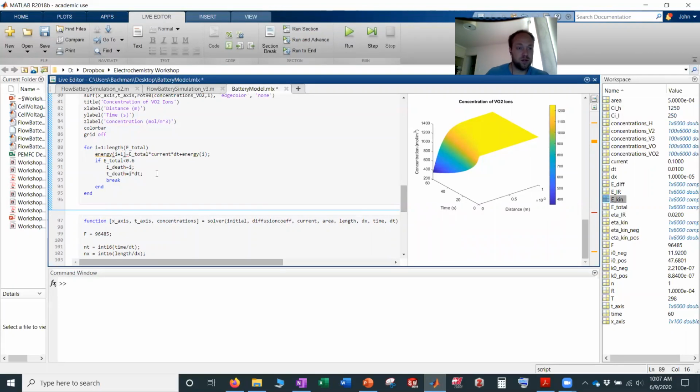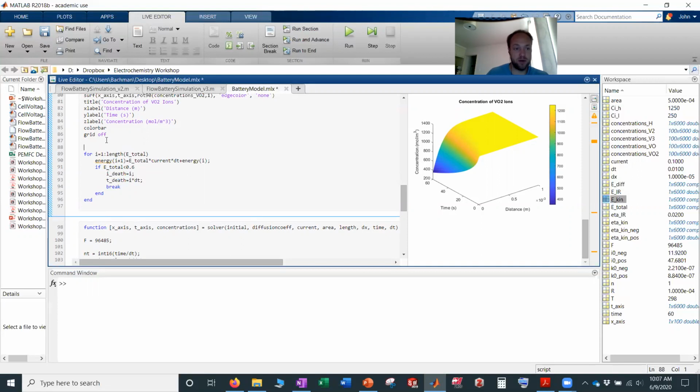What this is going to basically do is continue to build up. So we'll have energy of 1 is equal to 0, so it starts off at 0.